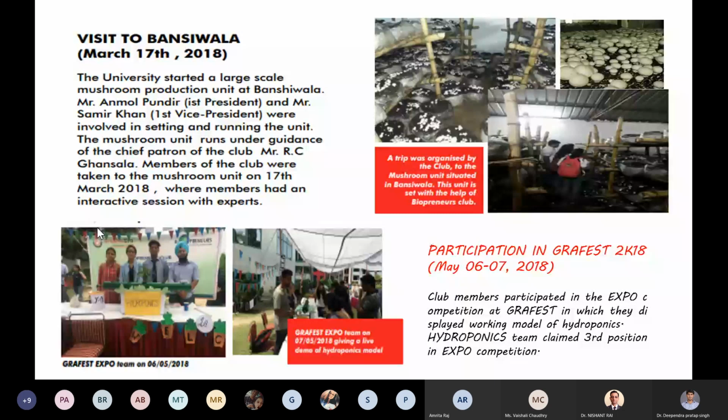It also increases the yield and quality of crops like tomato, cucumber, bhindi, and many more. So they proposed a model of hydroponics. People were really looking at this, excited.